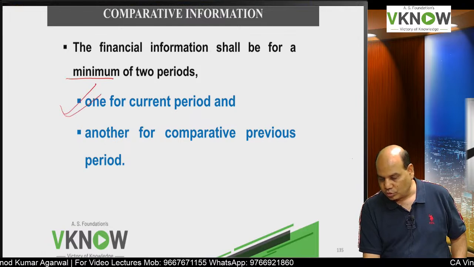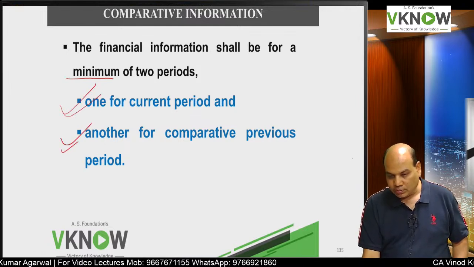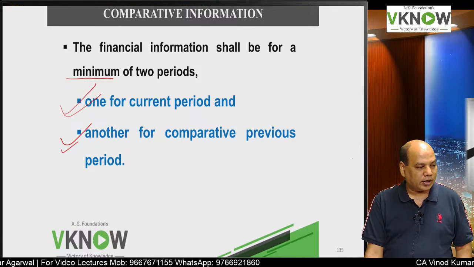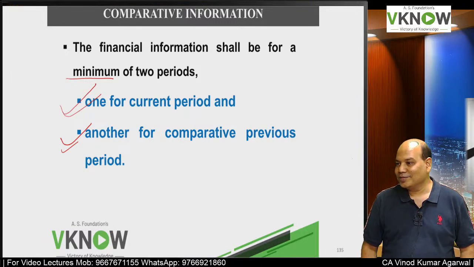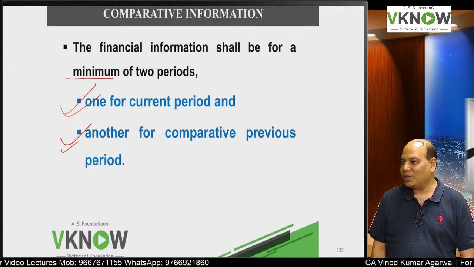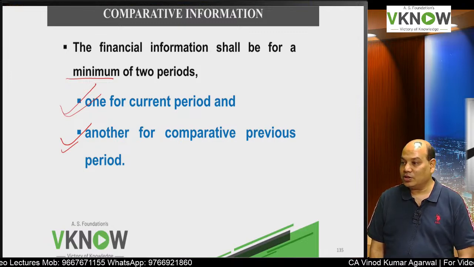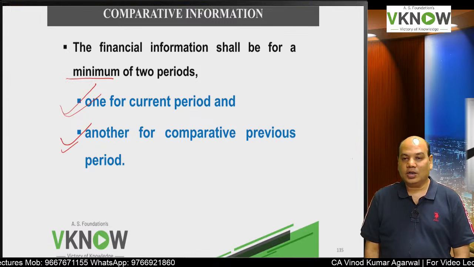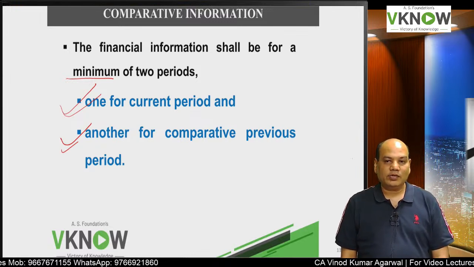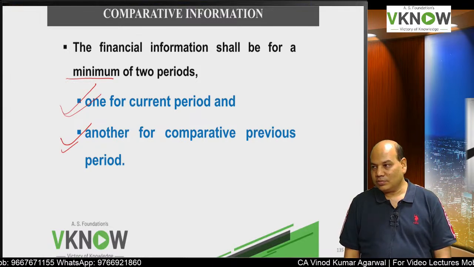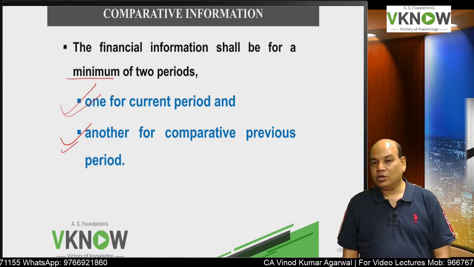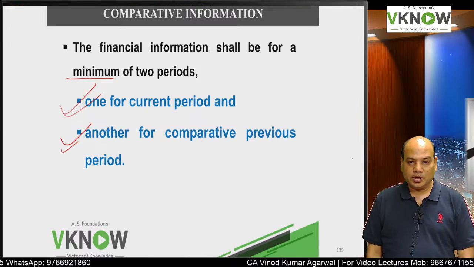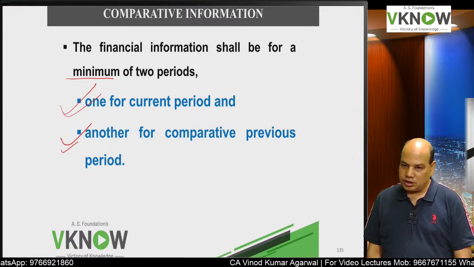But you will not find any generous company which will give more than one comparative. Only that additional balance sheet is given if either you are preparing Ind AS financial statement for the first time, there is a retrospective application of accounting policy, or there is a retrospective adjustment for prior period items.